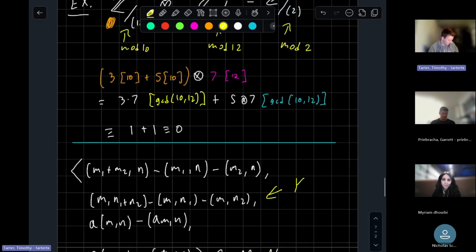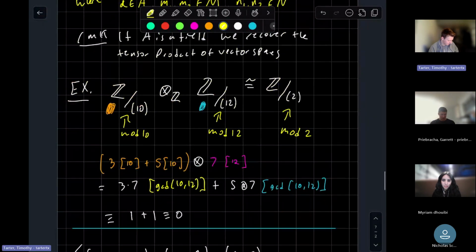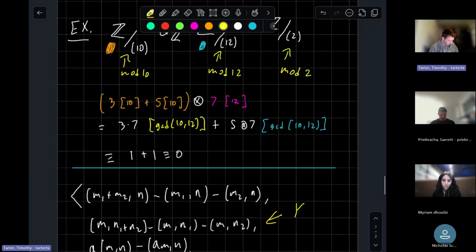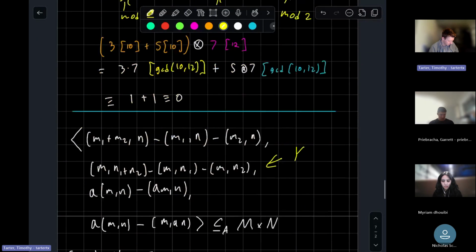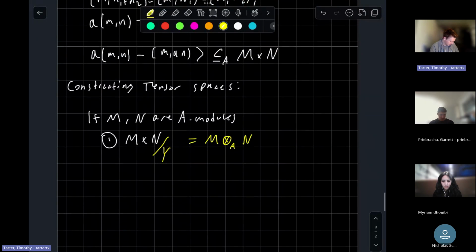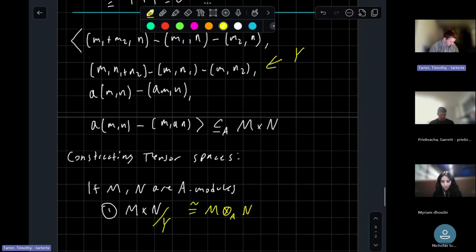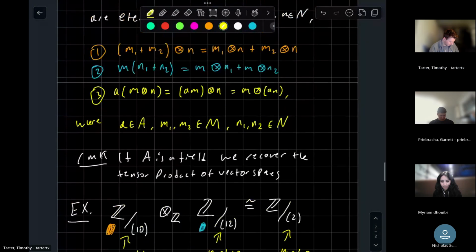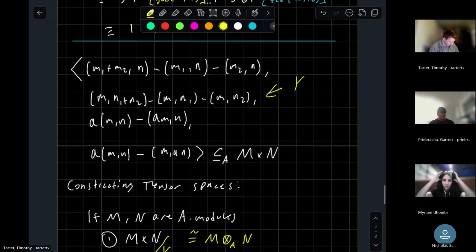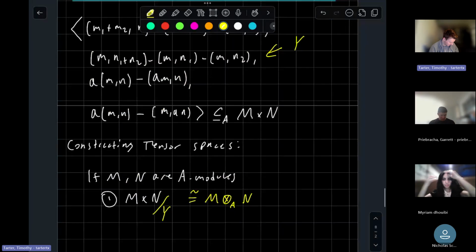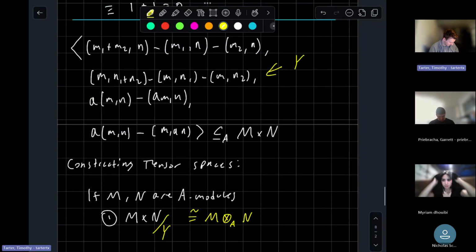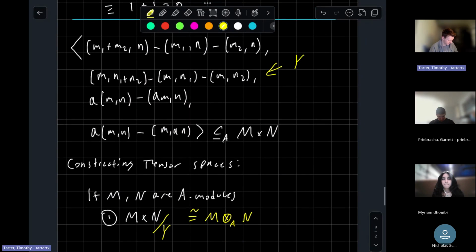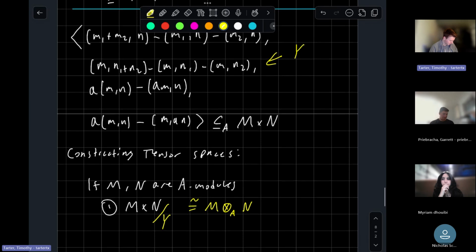Yeah, so in the special case of Z10 tensor Z12 being isomorphic to Z2, and I guess this is an isomorphism, then yeah. I guess let's compute what the submodule looks like.